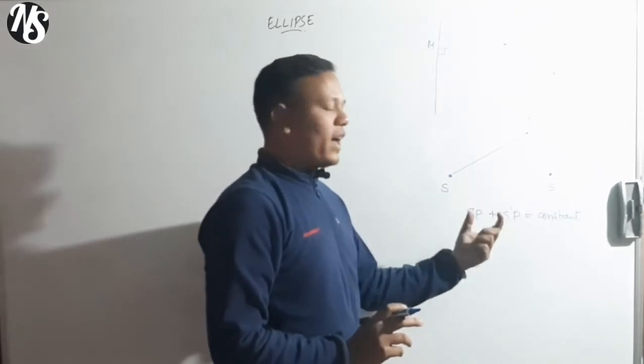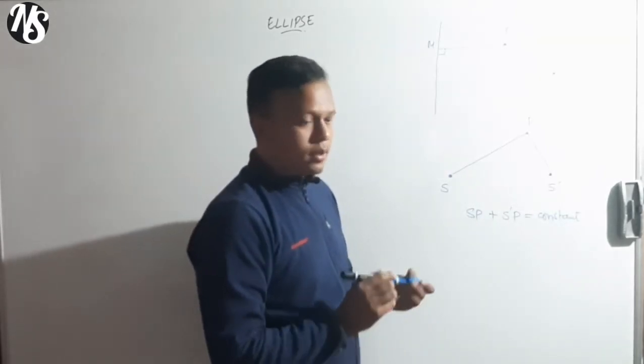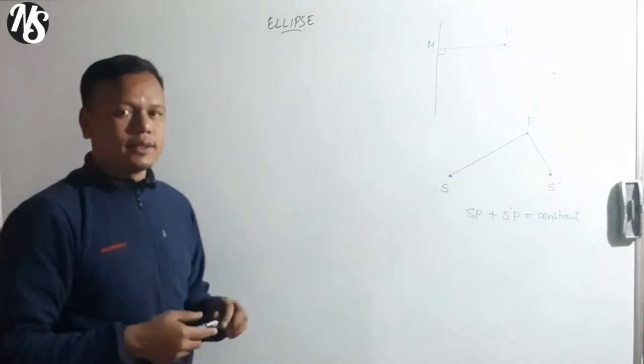Now if I have to draw the diagram of an ellipse, it looks somewhat like this.